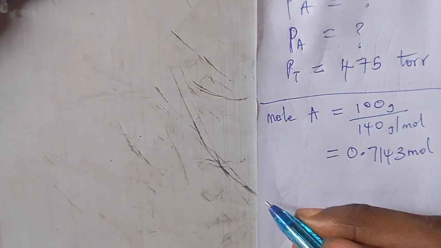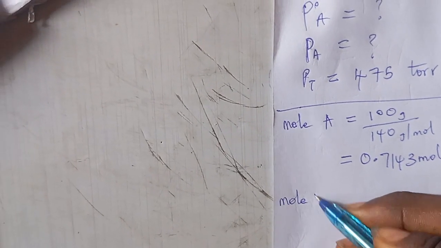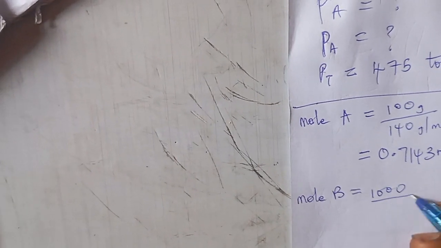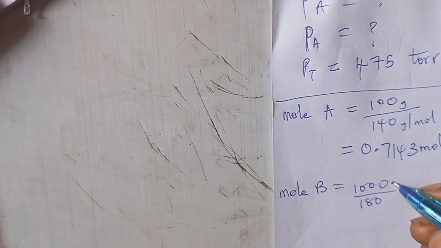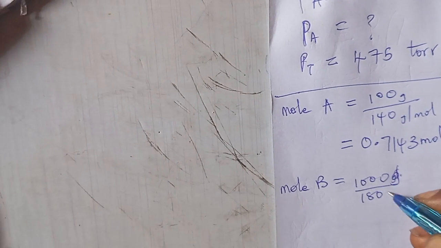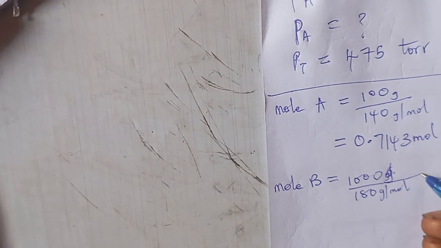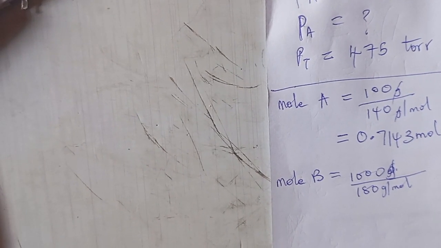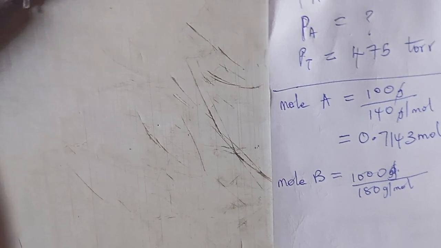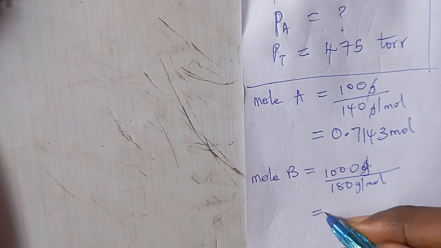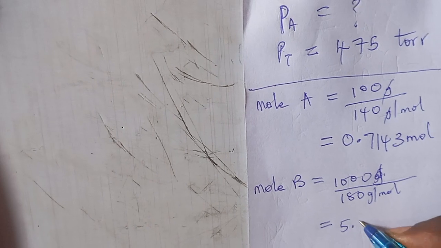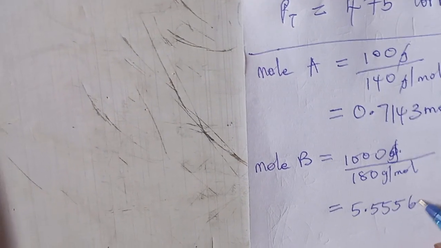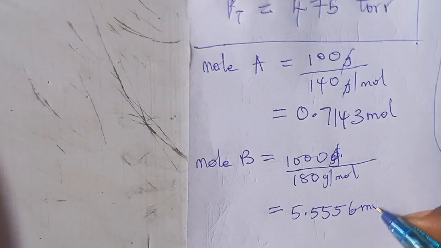Then for mole of B, we simply do 1000 divided by 180 grams per mole. So 1000 divided by 180, we get 5.5556 mole.